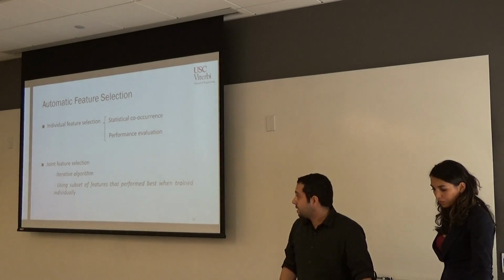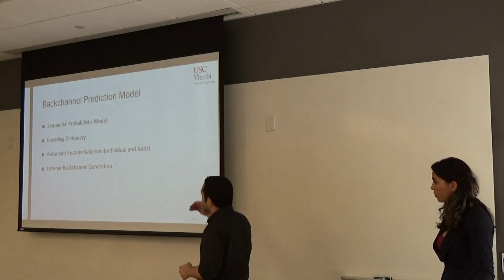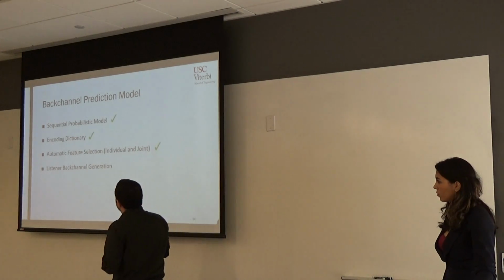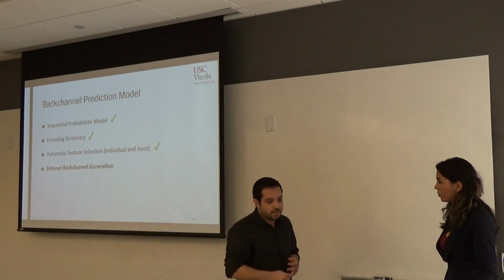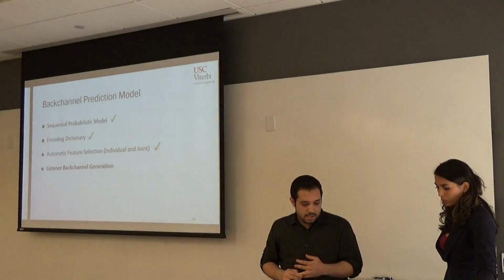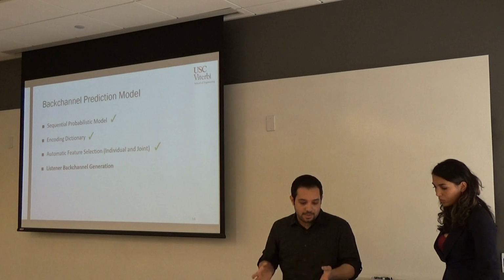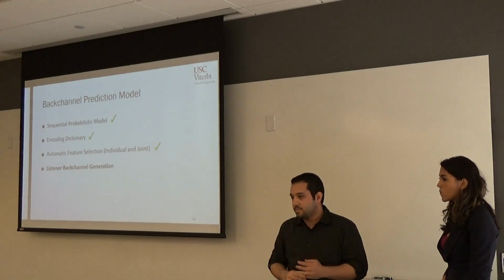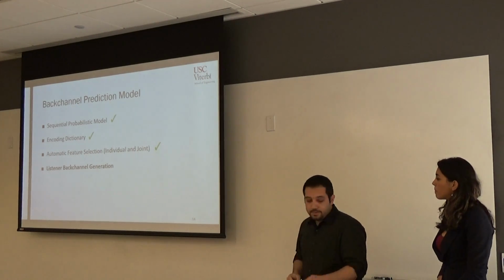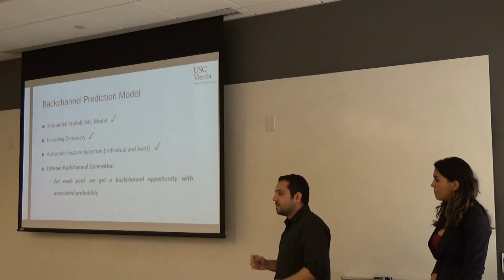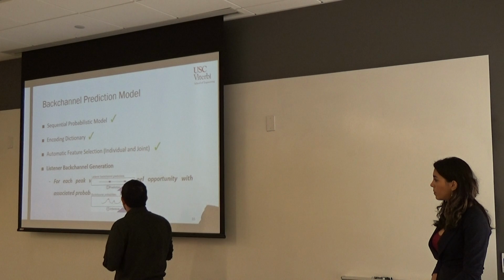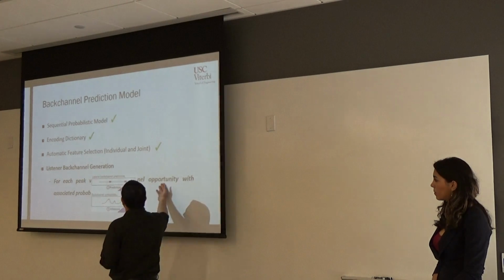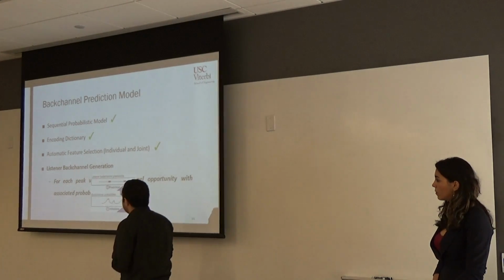And after that, they did the first 3 steps. Now they have some output probabilities from those sequential models, which the good thing about them is that they are smooth over time, so it's easy to find the peaks, the local maxima at different points, and for each peak, for each back channel opportunity, we also have the associated probability.